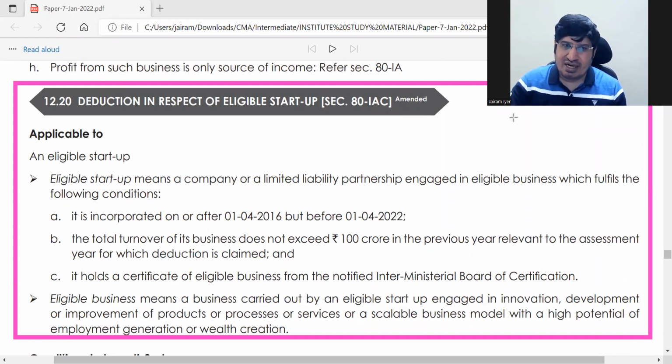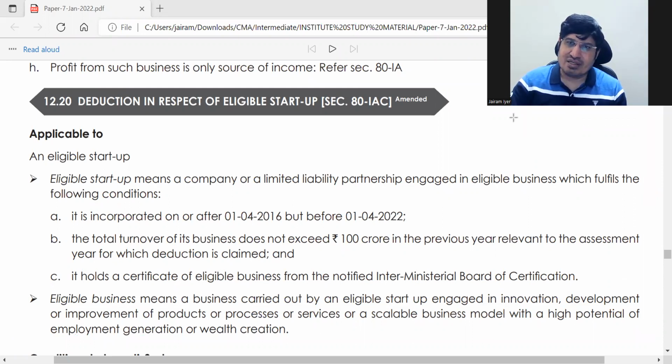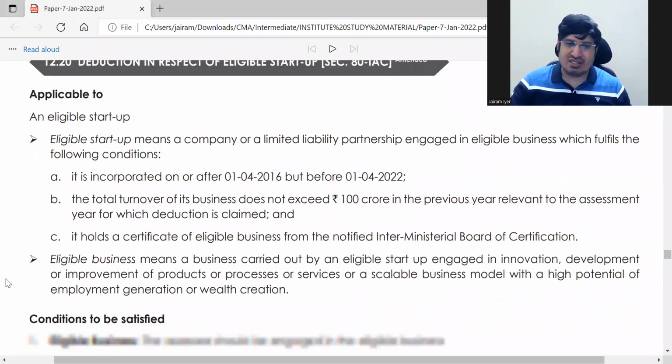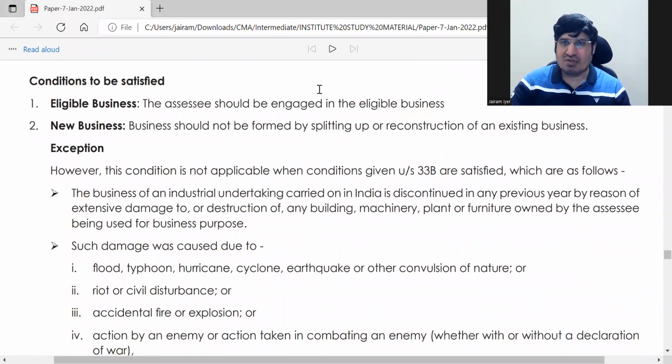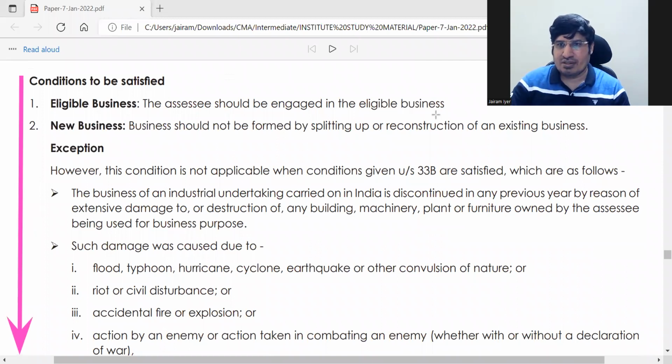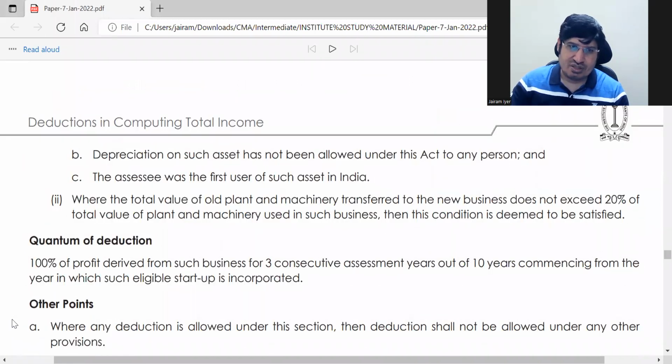Below this, entire thing is repeated. Word to word repeated. Only profit is 3 out of 10 years. That's the only difference. Otherwise, from here and down, whole thing is repeated. यहाँ से जो है, whatever you have from here to the end of the section, fully repeated. Okay. चलो.